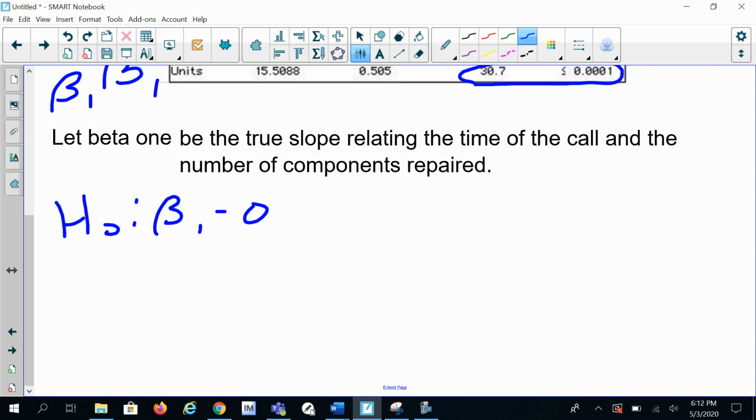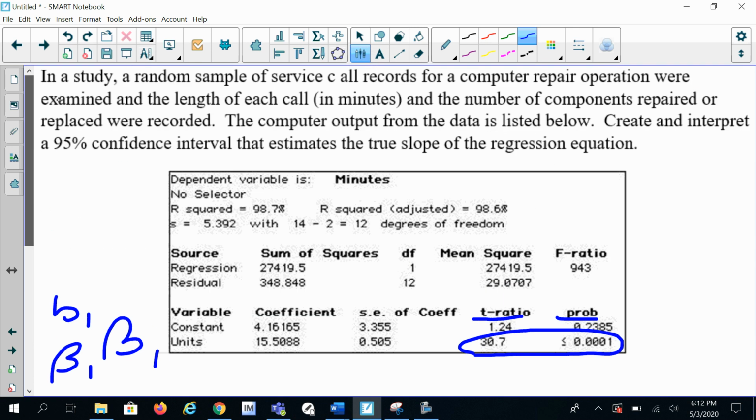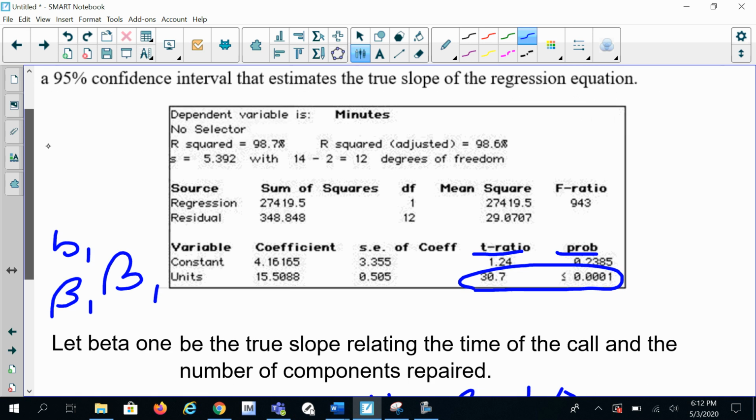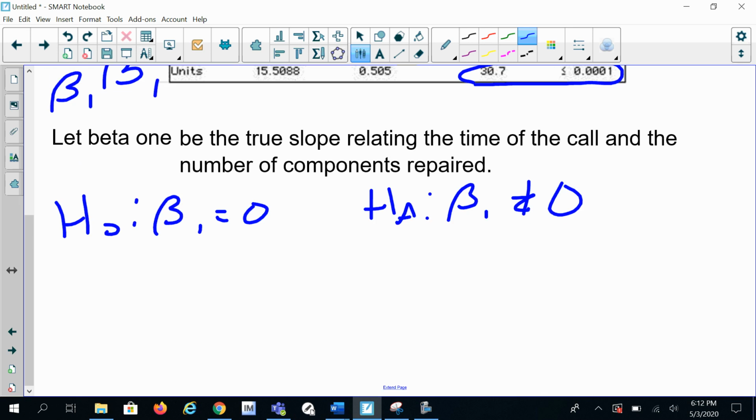If there is no linear relationship, then the slope is 0. It's just a horizontal line because it's a blob. And HA is always going to be beta 1 is not equal to 0, because the output almost always does two-tailed tests. In this question we weren't supposed to do a hypothesis test, so I'll just make my own alpha 0.05.